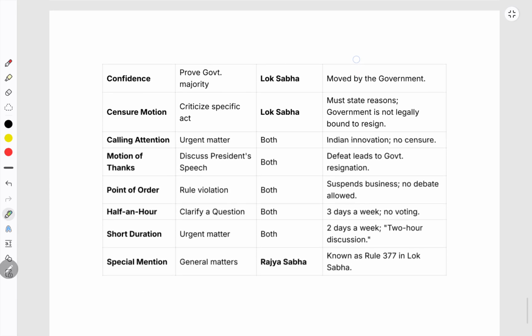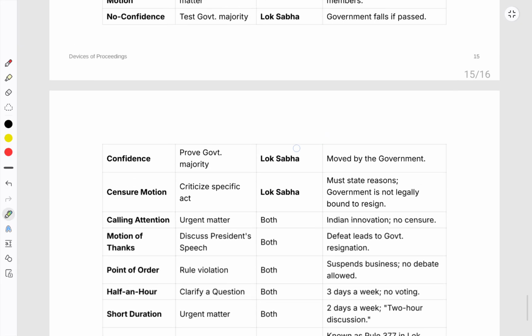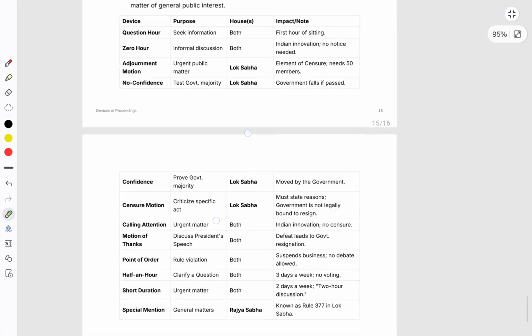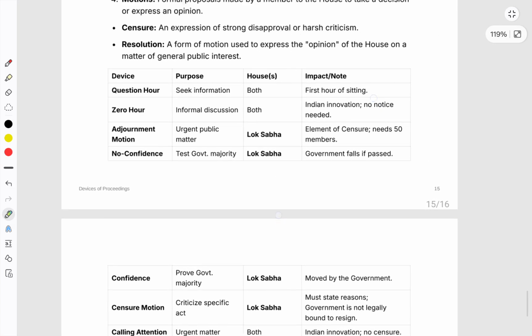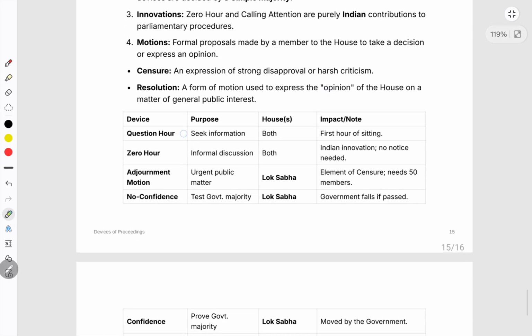Okay, so let's revise all the devices again. So we have seen all these devices. Okay, so let's see one by one. Question Hour was to seek information. It's used in both the houses, in the first hour of parliamentary sitting. Okay. Zero Hour is informal discussion. Both the houses again.